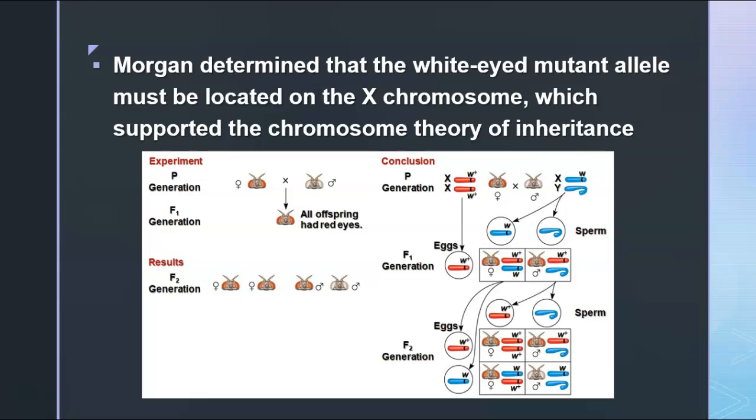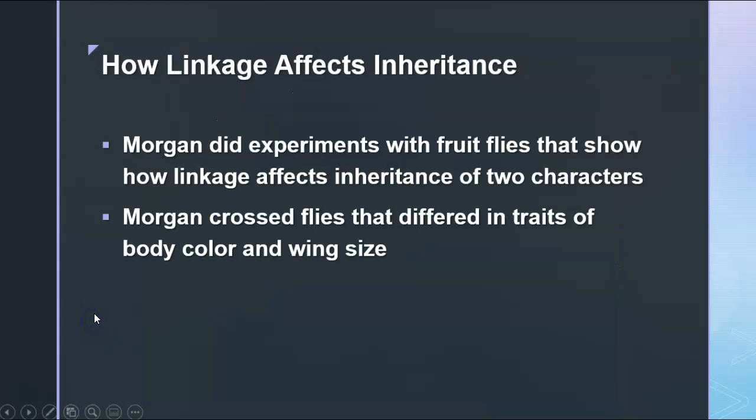So he did this cross, and he figured that perhaps the gene for white eyes was only on the X chromosome and not present on the Y. Then if the offspring got the mutant allele, they would end up with white eyes only if they were male, because if they were female, they would always have the dominant wild type red eye allele. He didn't call them alleles at the time, but that's what we call them now, so you understand how that works. So that was the first thing.